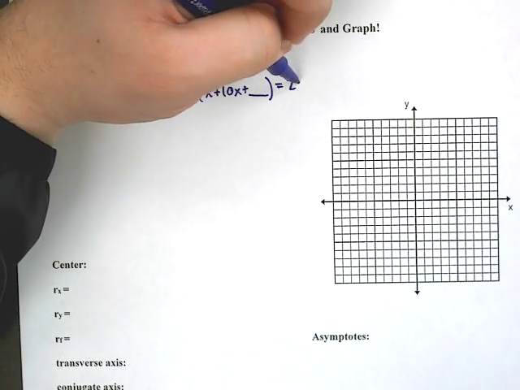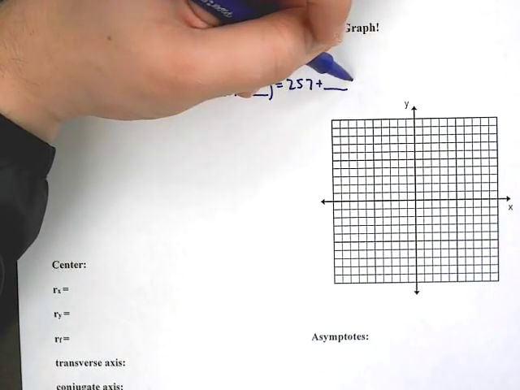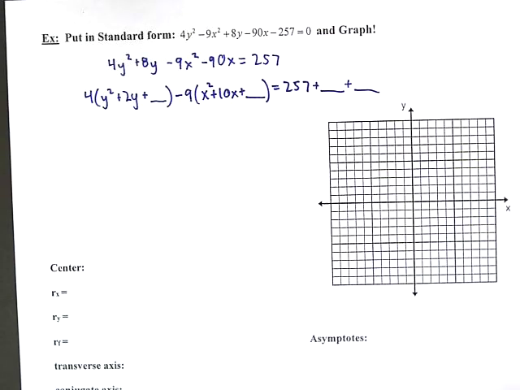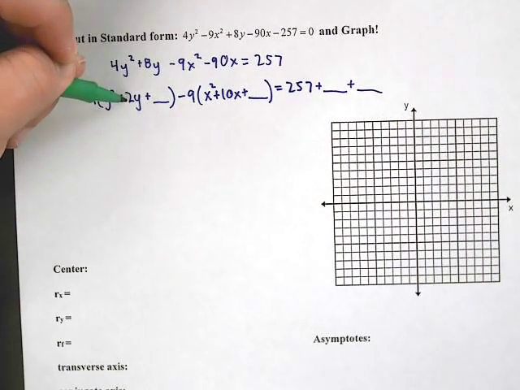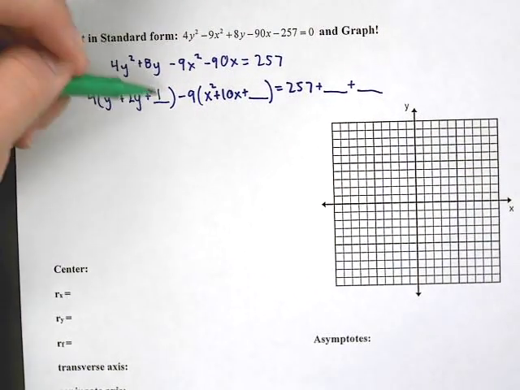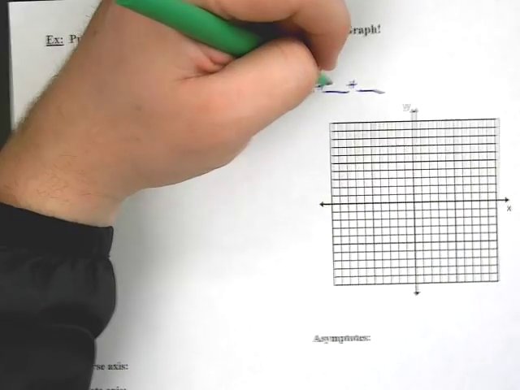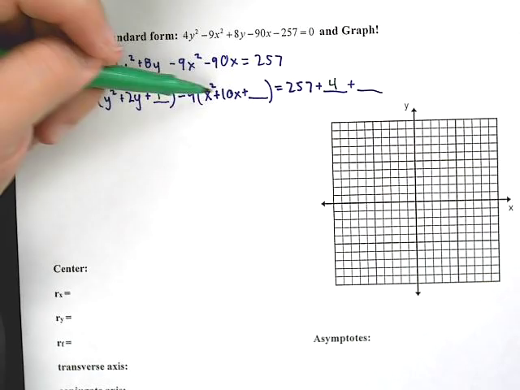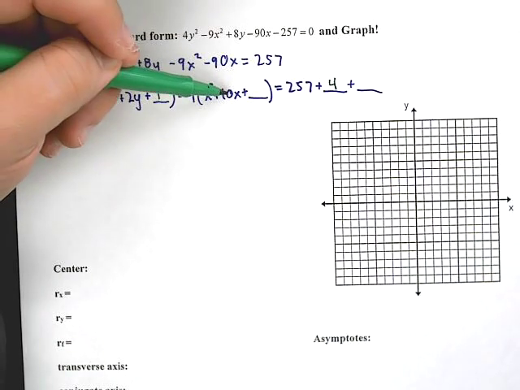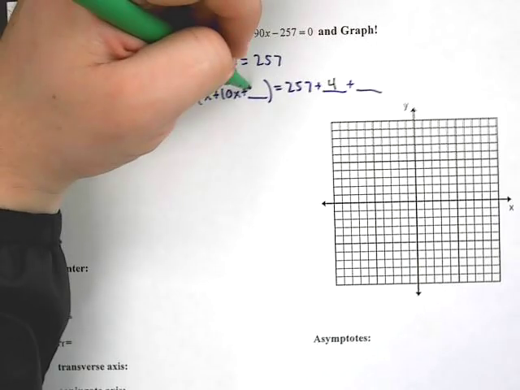And then, of course, that's equal to 257 plus blank plus blank. All right, let's figure out what's going where. Well, to complete this square, half of 2 is 1, 1 squared is 1. Remember, you got to multiply, so this is going to be a positive 4, excuse me. Let's see here, half of 10 is 5, 5 squared is 25.